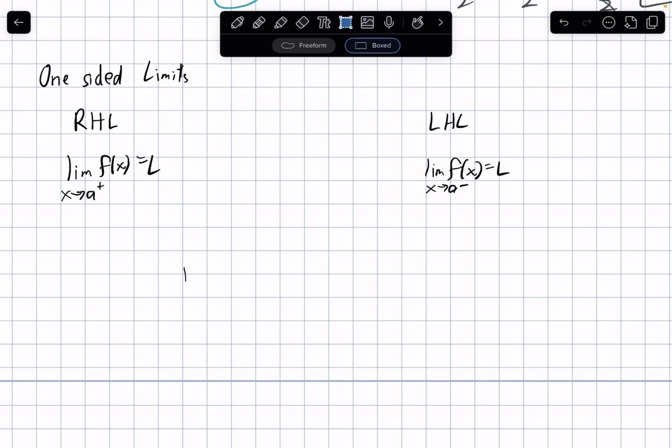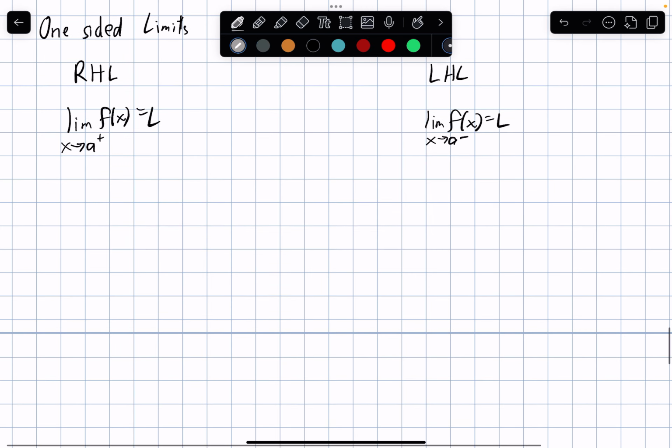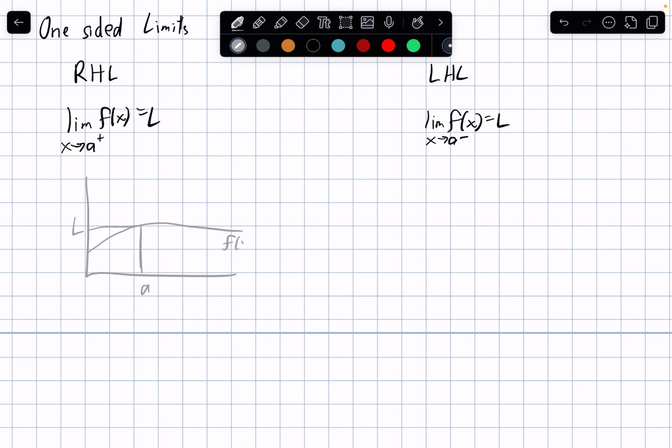Graphically, although I don't think there is much relevance in knowing this, personally from my experience, this is what a right-hand limit looks like. So this is A, this is your L. The curve basically is your f of x.